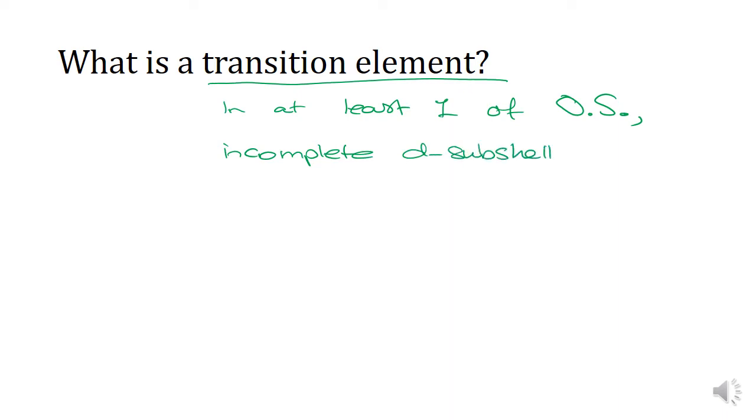If you remember from our electron config, copper was the exception to the rule because it was argon 4s1 3d10. So that's copper.